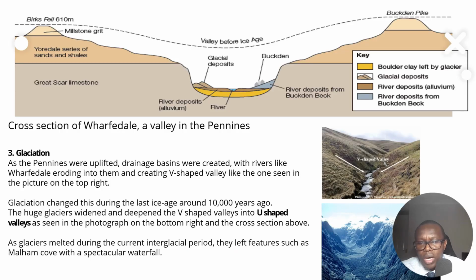As the Pennines were uplifted, drainage basins were created. On every upland landscape, you're likely to have a drainage basin, which is draining water from the landscape around it. And especially because it's an upland landscape, there's the force and pull of gravity causing the water to flow down the landscape towards what you can see here in the form of a V-shaped valley.